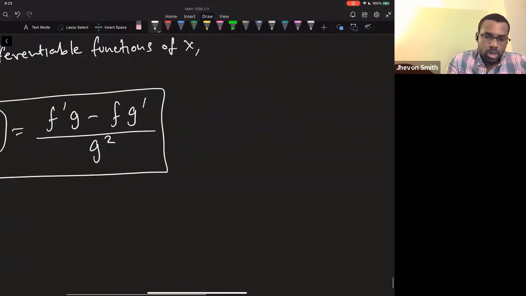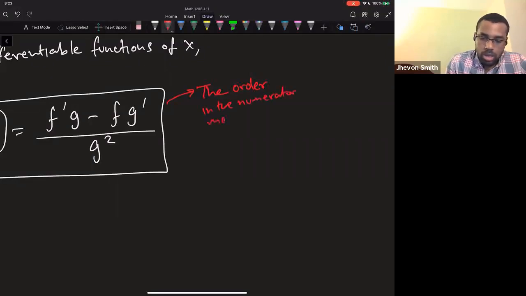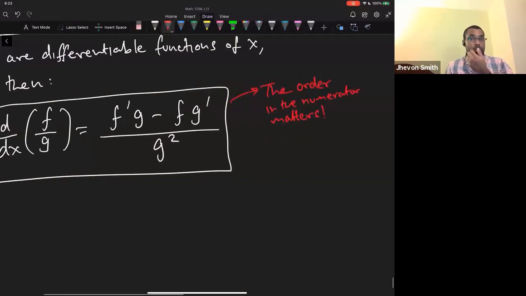I want you to notice the order in the numerator matters. Because saying f g prime minus f prime g is not the same as saying f prime g minus f g prime.